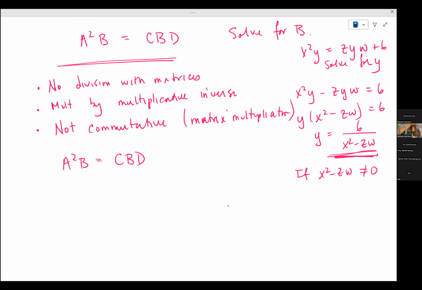So the first thing I'd be thinking is maybe I can isolate this guy. How do I do that? I would have to multiply on the left by the inverse of a squared, because that thing there equates to I. I'm going to write it below, actually.